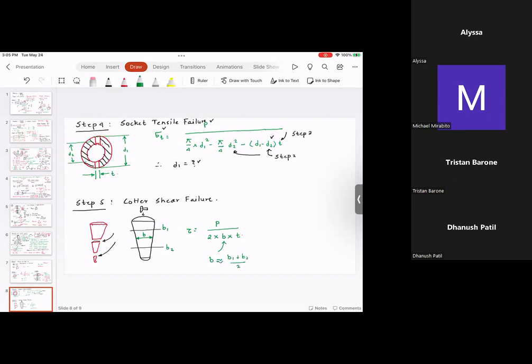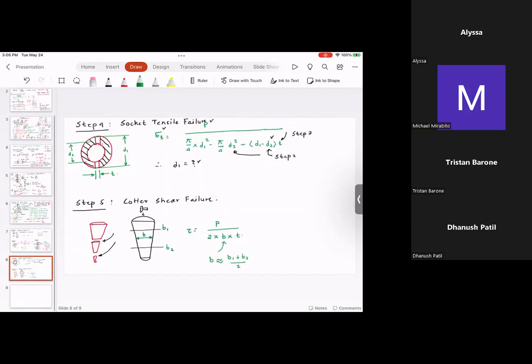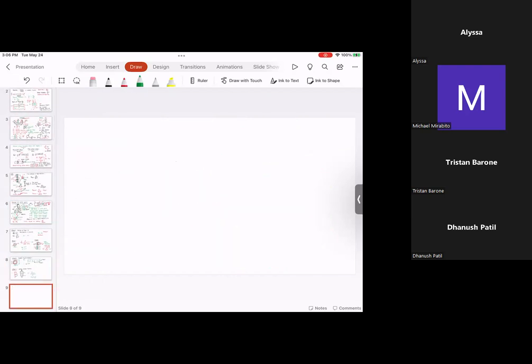So we consider the value of B, and typically the Cotter would have 1:10 or 1:20 type of taper, and that taper is provided so that once you insert the Cotter and once you start hammering on the top, that Cotter actually can travel smoothly in the assembly. So that's why we usually provide a taper.